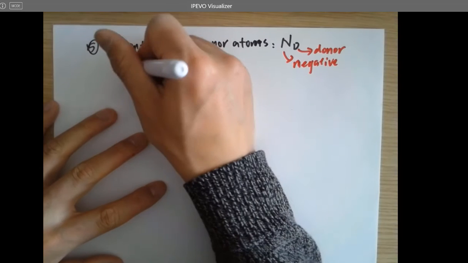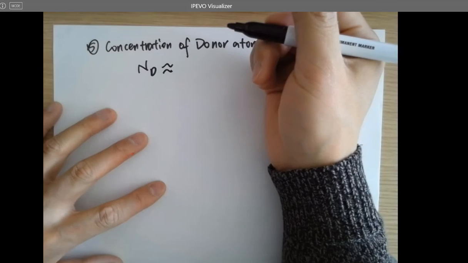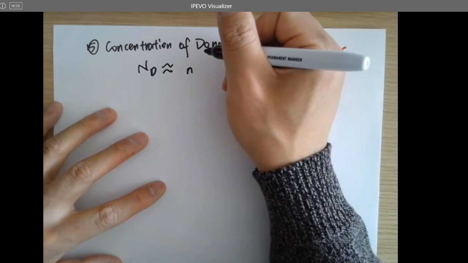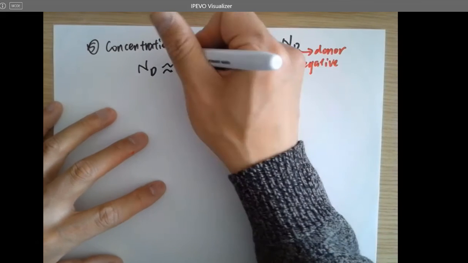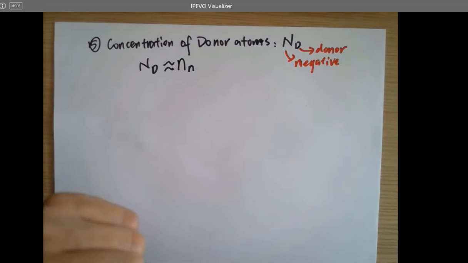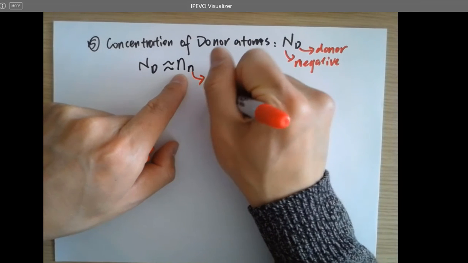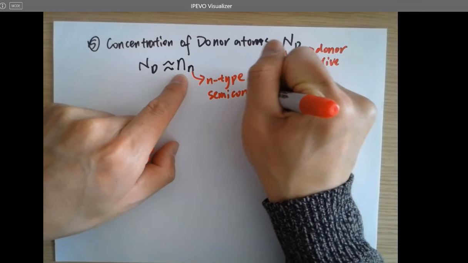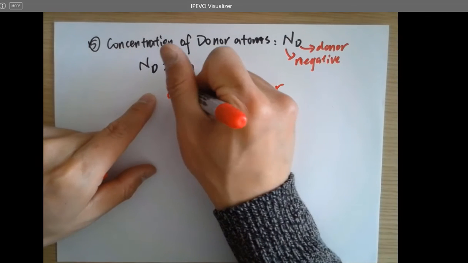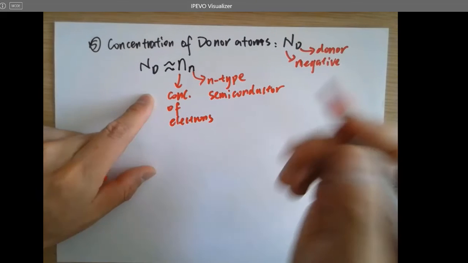And ND is approximately equal to the concentration of electrons in the N-type semiconductor. So here's the N-type, and here is the concentration of electrons.